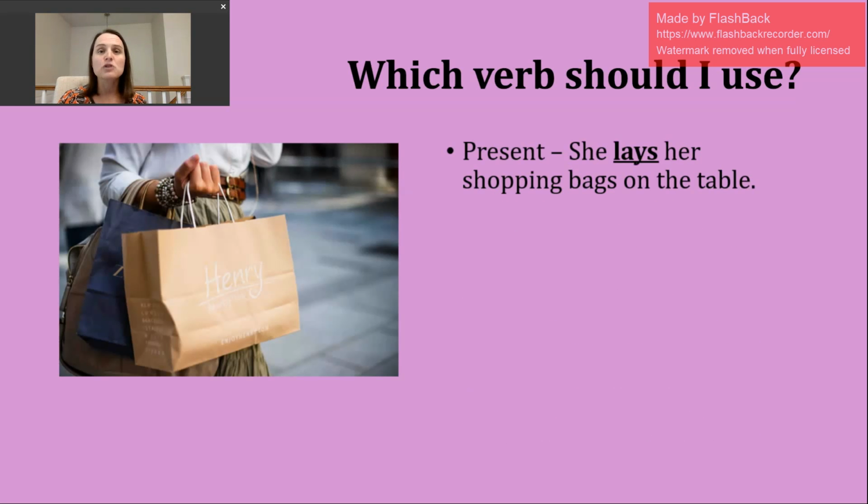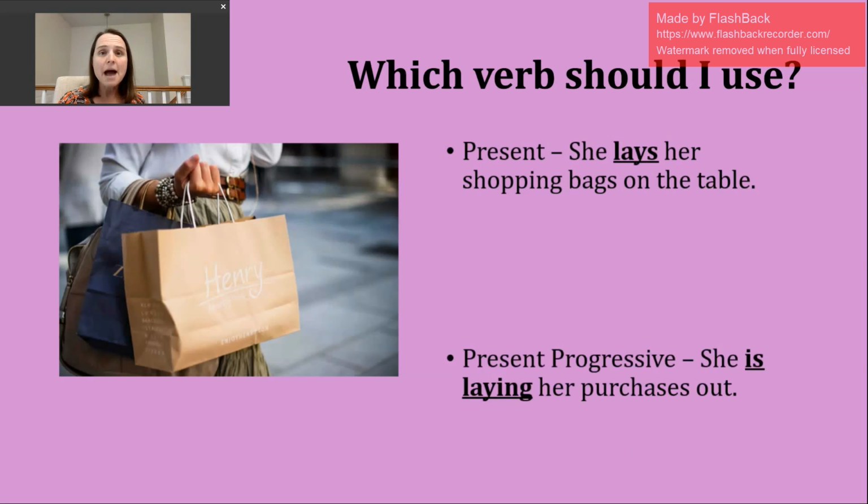And let's say I want to describe a habit or a routine. So again, I'm in the simple present. I might say, she lays her shopping bags on the table. Okay. So here I've switched to the verb lay. And again, since my subject is singular, I'm using that third person singular. So I'm adding an S to the verb.